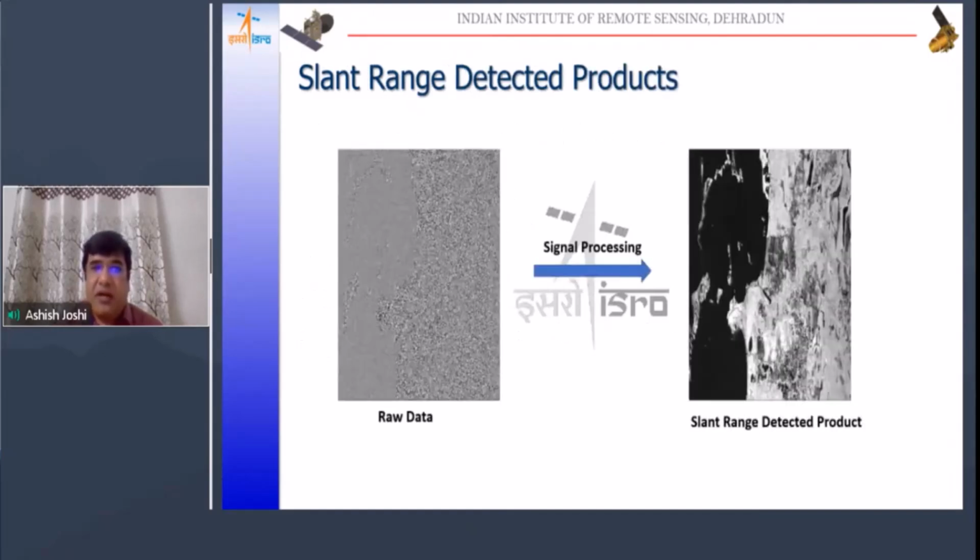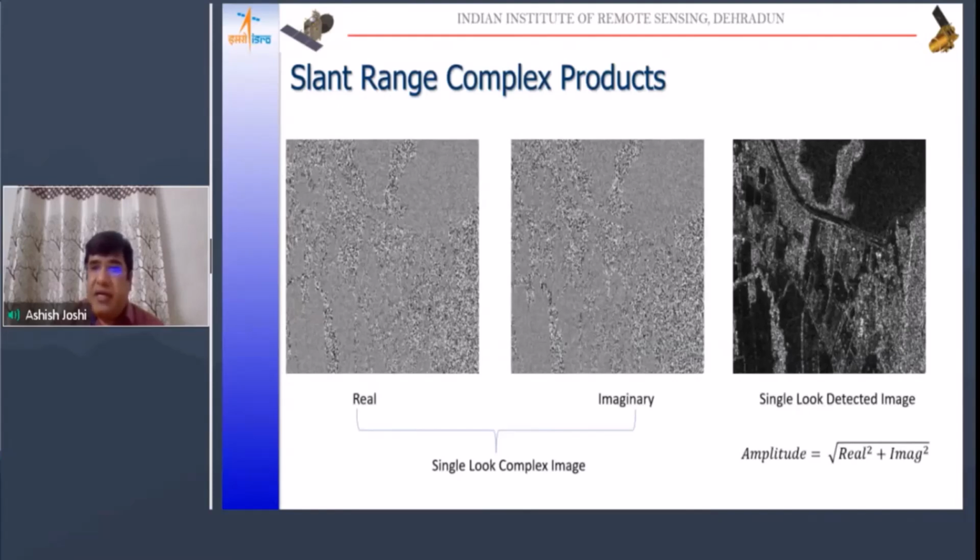So how will the slant range product look? This is the raw data, one component, the real part of the raw data. After doing the signal processing, we will get the slant range product like this one. This is the unfocused data and this is the focused slant range detected product, but it is not geometrically corrected.